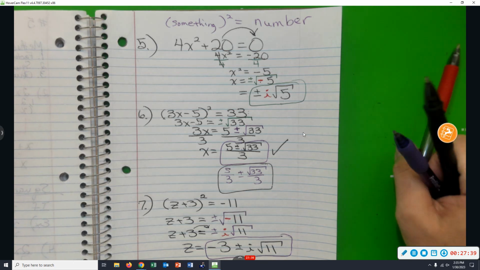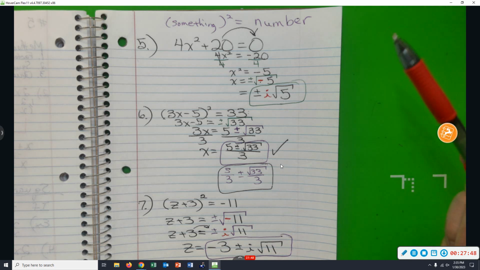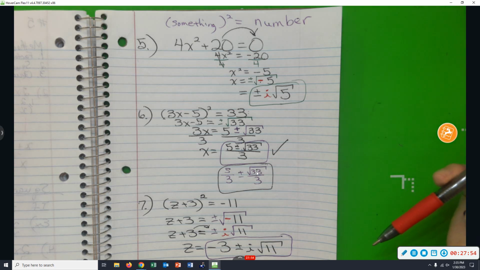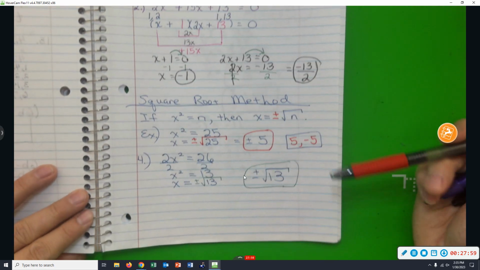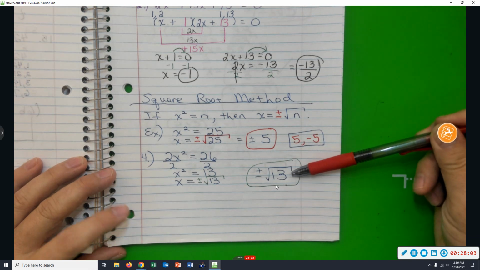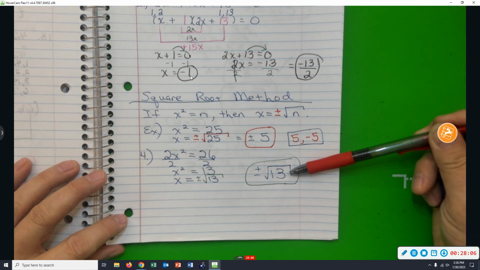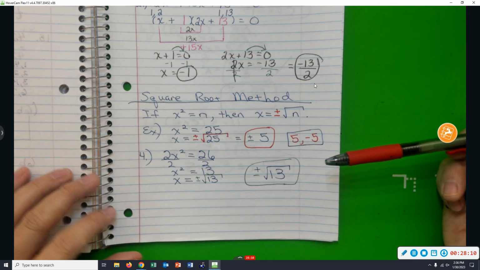And here's something: when you're factoring, you don't expect to get imaginary numbers. Think about how you're factoring. As you go through factoring, you have x's and numbers in the parentheses. So you also will never have square roots. You won't have something like this when you're doing factoring; you're just going to have integers or fractions as answers.